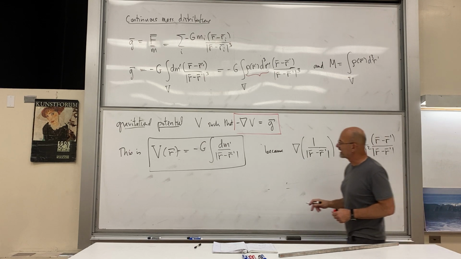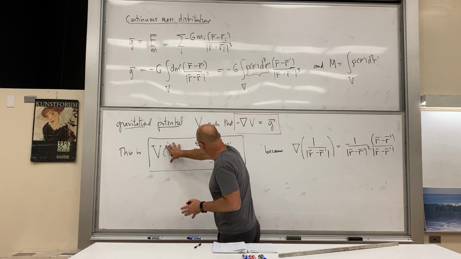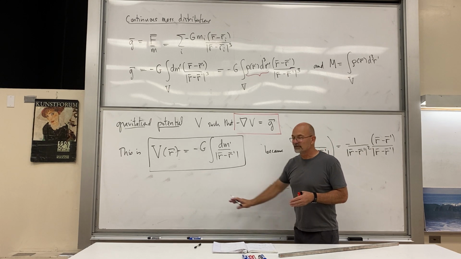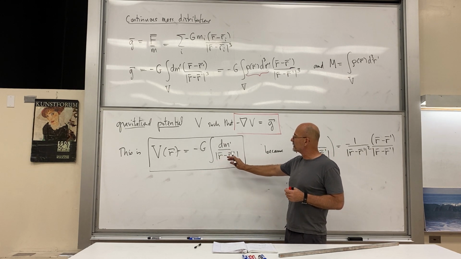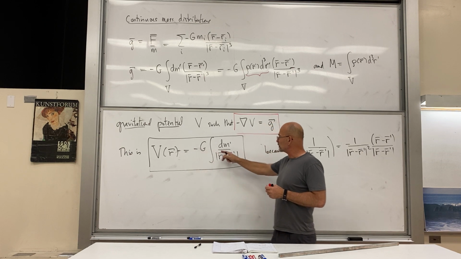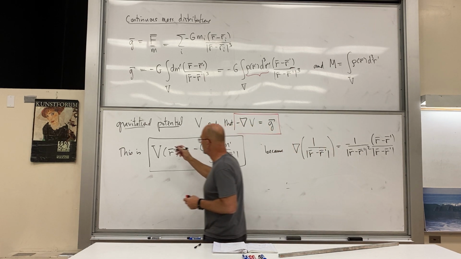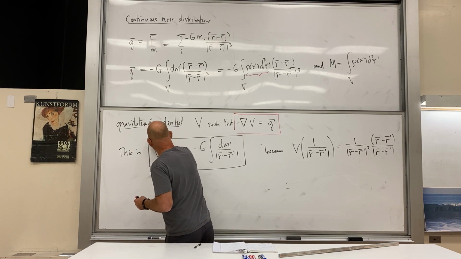So now we have the potential, and if we can just do this calculation for a mass distribution, and on the surface it's generally going to be easier than taking the derivatives, we can get the fields back. So of course the potential is important to have.